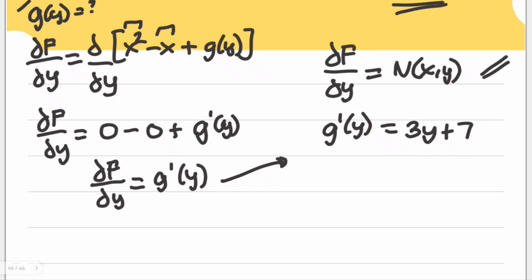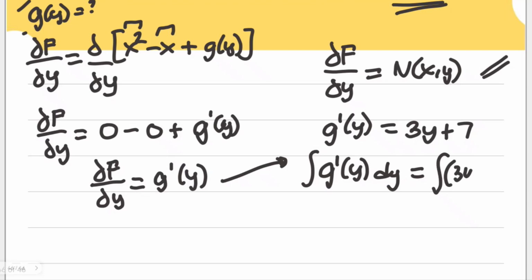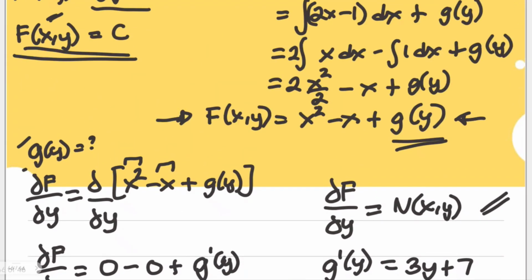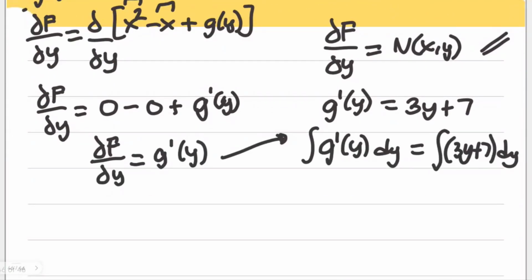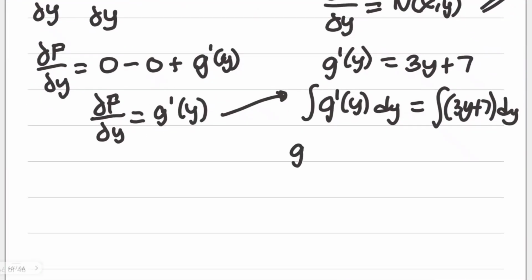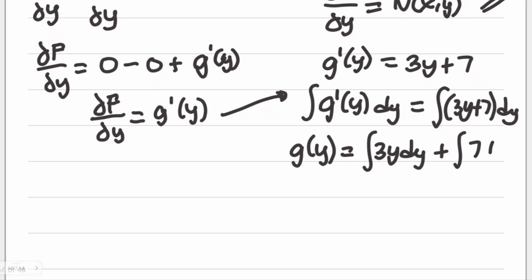Since we're solving g(y), not g prime of y, you take the integral of that with respect to y: the integral of 3y plus 7 dy, to get g(y). Once you integrate that, g(y) equals the integral of 3y dy plus the integral of 7 dy.